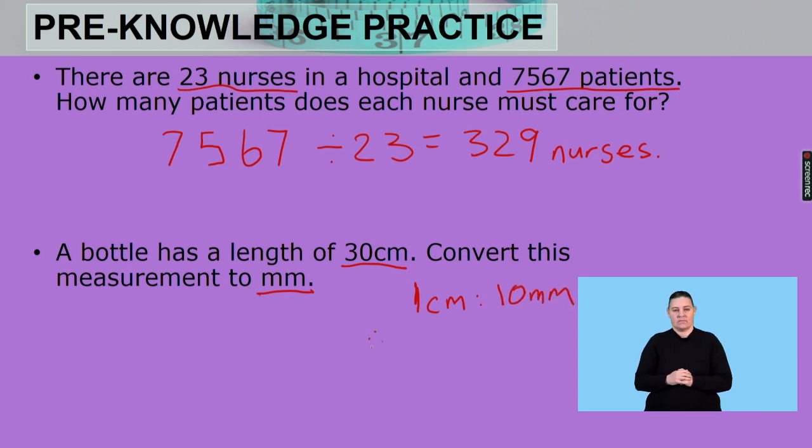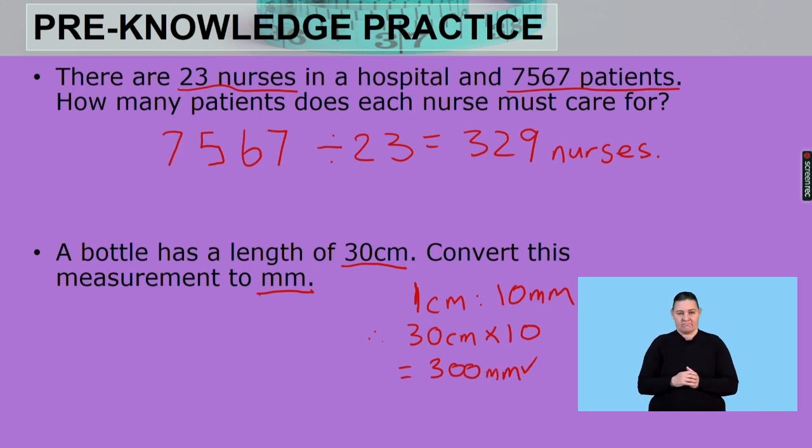Therefore, with 30 centimeters, we need to times it by 10 to get 300 millimeters. Nice work. Let's move along.